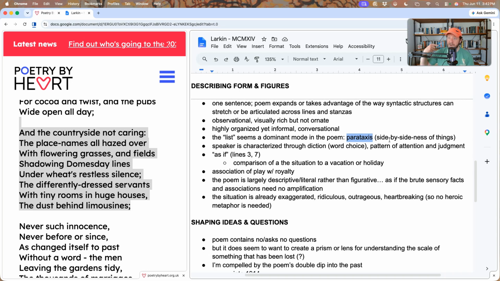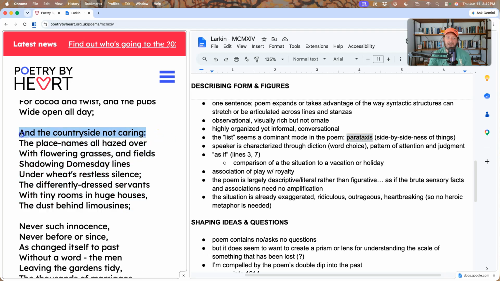Anyway, sorry, that was a bumbling way to describe what parataxis is. That's kind of what's going on here, and yet Larkin is pretty clear that the speaker is making judgments and evaluations of what he's looking at, and all the same things are set side by side.